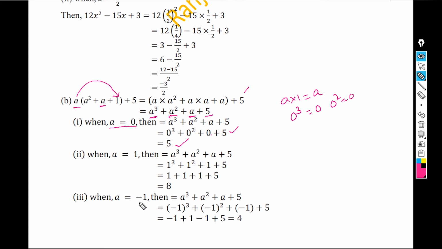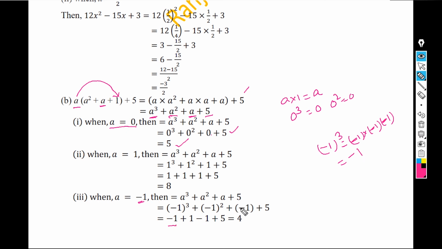When you want to put -1, this is slightly different because you have to put minus, that you know. -1 cube, can you write -1 into -1 into -1, that becomes minus into minus plus, this minus into this minus is plus, and the plus you want to multiply with minus is minus. 1 1s are 1, 1 1s are 1, then ultimately it is -1.